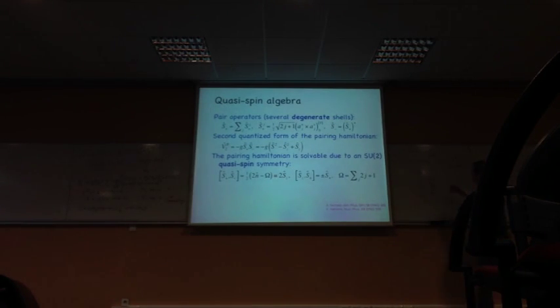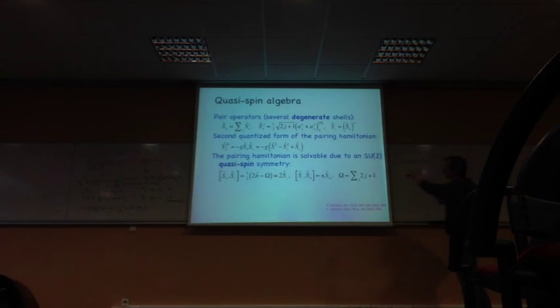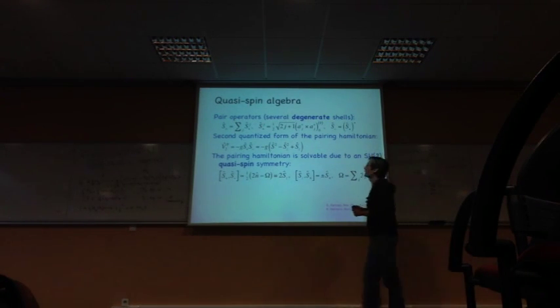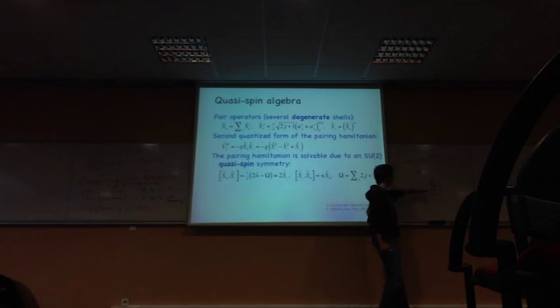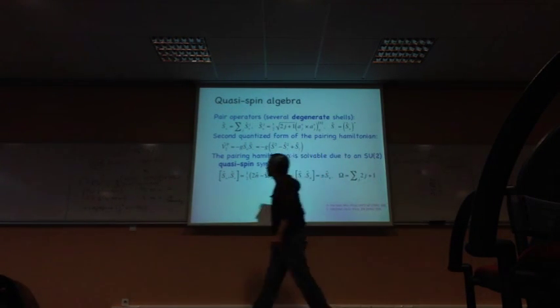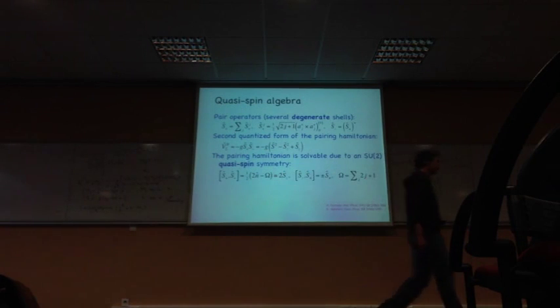So you have 5 different orbits, each with its J, and the approximation you make is to say the spacing between these levels is small, and it is small compared with the strength of the interaction G. So in the limit, you have a set of completely degenerate orbits in a pairing interaction. And this problem is solvable, and it is solvable in an identical way.